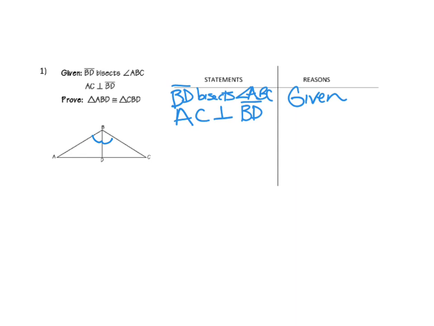All right, let's write it. So angle ABD, remember you wrap around the angle, is congruent to angle CBD. And then we have to come up with this reason. Well, think about where you got this information. You got it because of this given right here. And they use this word bisects.